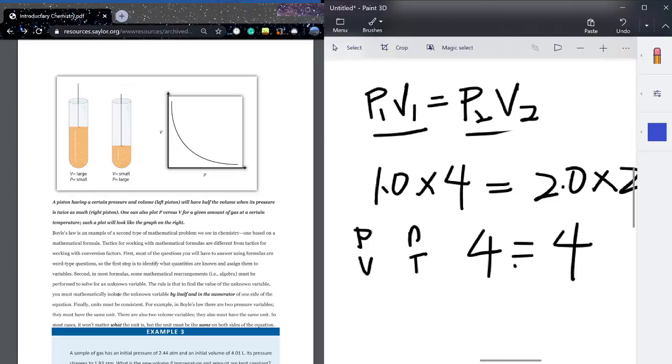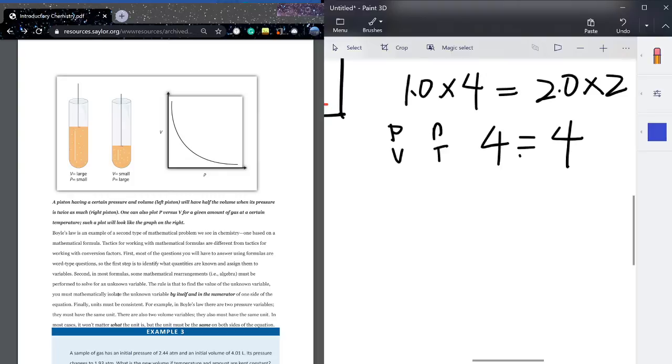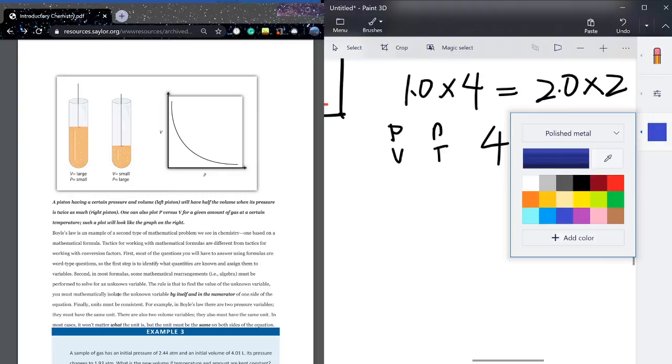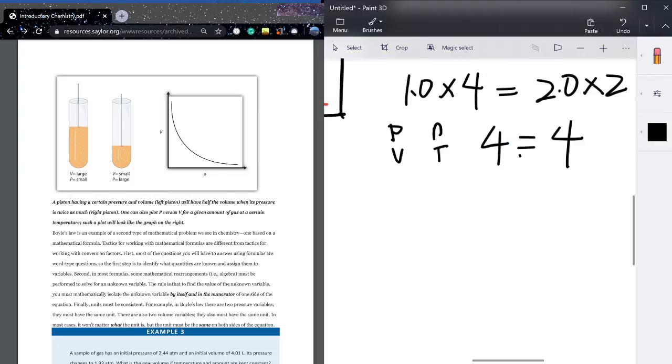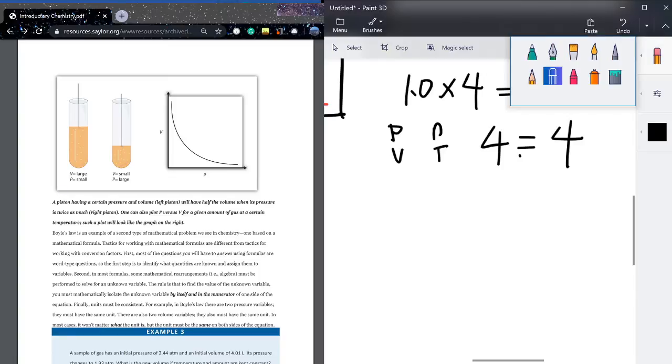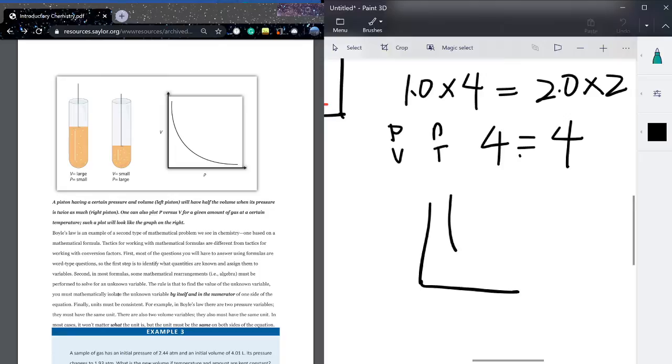So basically this graph is representing the equation.